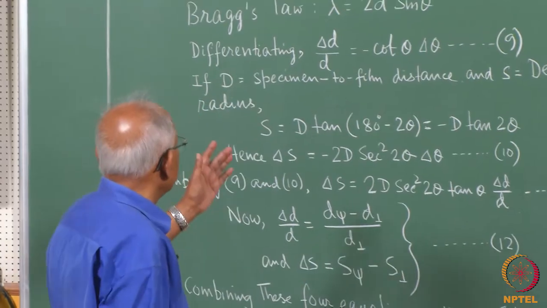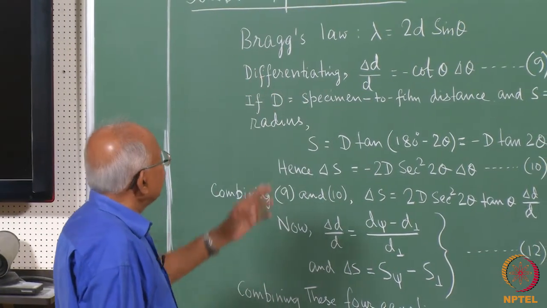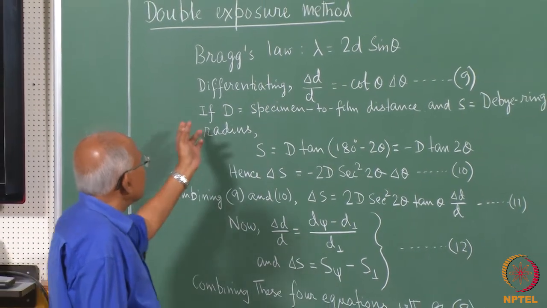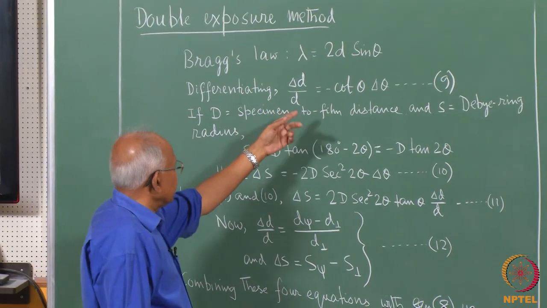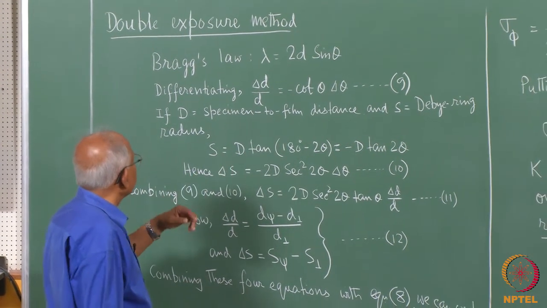Now, if we go back to Bragg's law, lambda is equal to 2d sin theta. Differentiating, we get delta d by d is equal to minus cotangent theta delta theta, our equation 9.